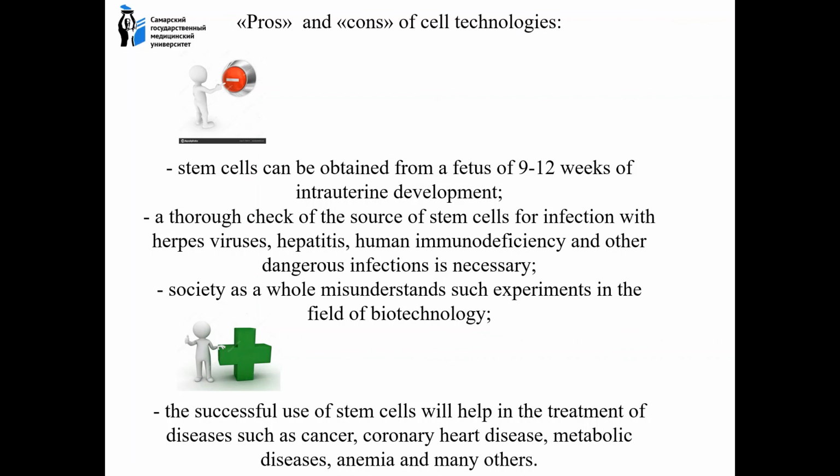A check of the source of stem cells for infection with herpes viruses, hepatitis, human immunodeficiency, and other dangerous infections is necessary. Society as a whole misunderstands such experiments in the field of biotechnology.